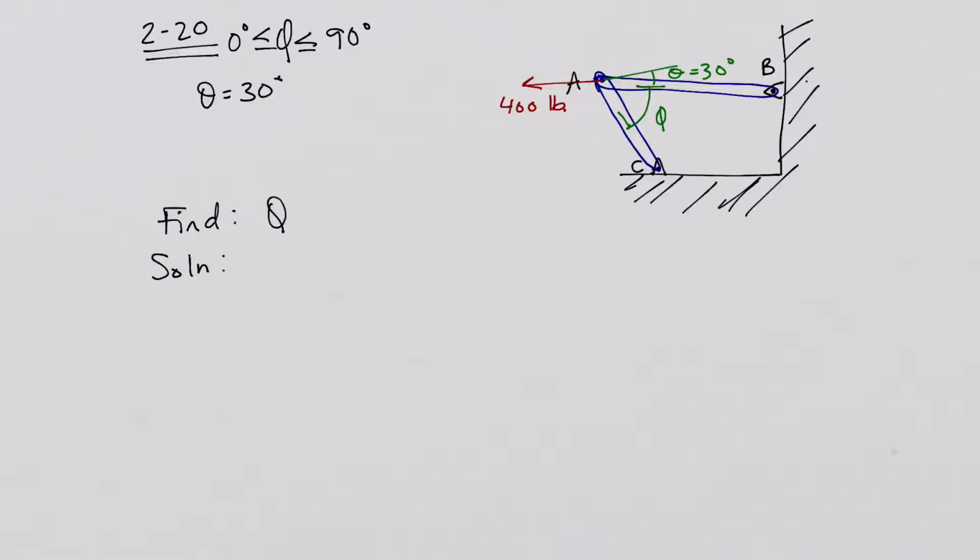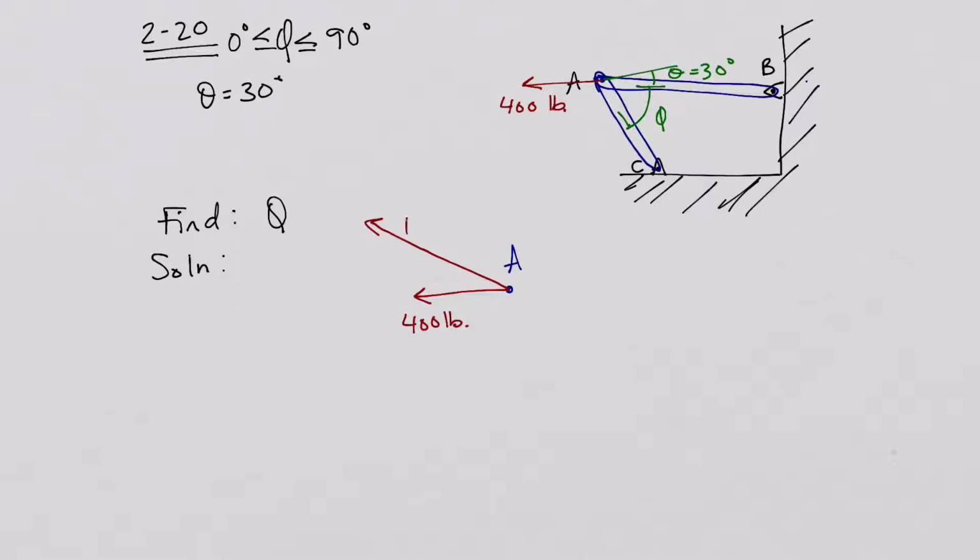So let's draw what's going on with this point A. We have A, we have a 400-pound horizontal force, and then we have a force that is 600 pounds, which acts up to the left in the same direction from B towards A. So it would be this one here.